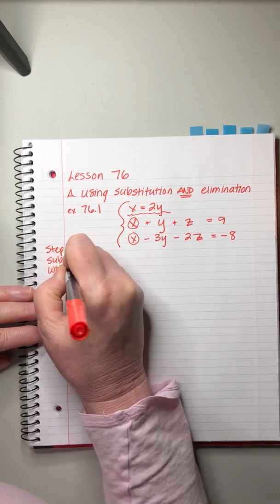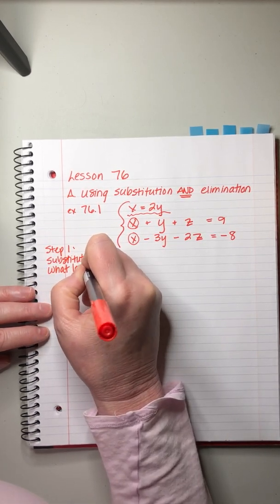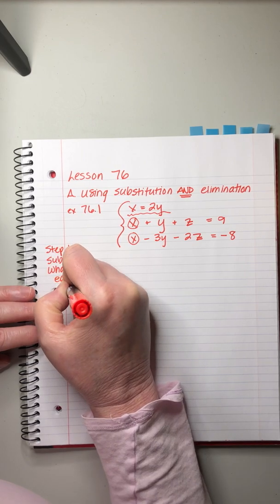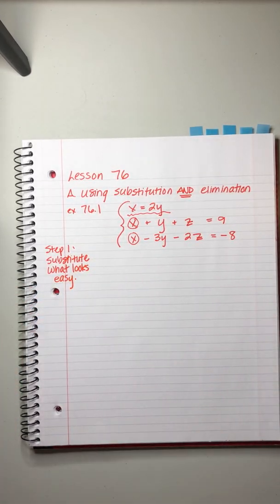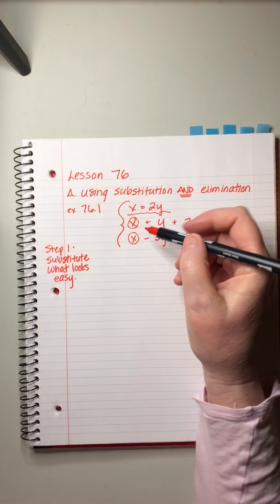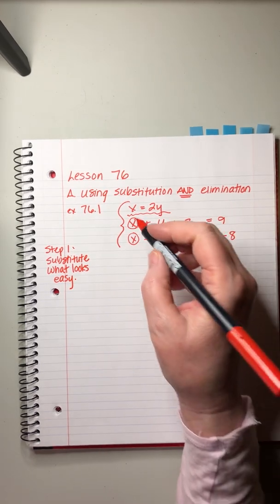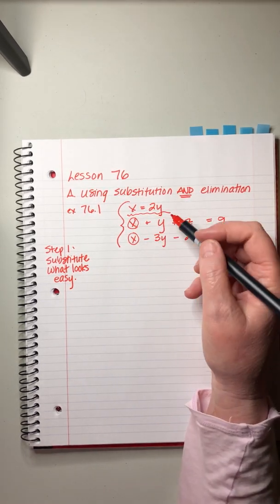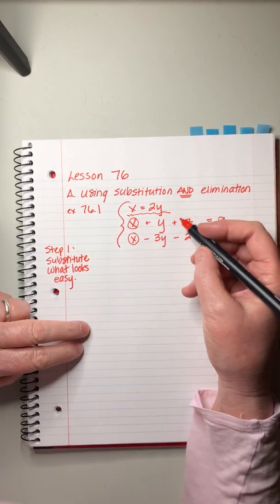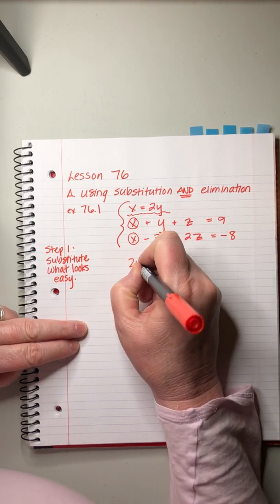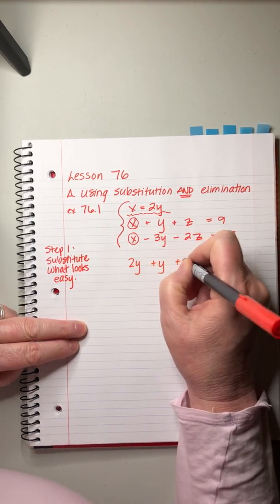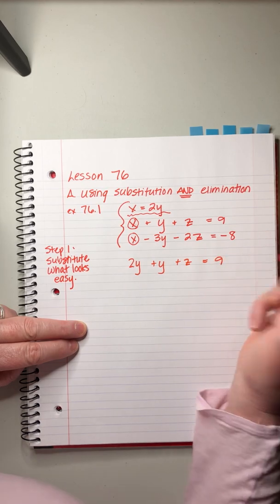I'm going to add to that, substitute what looks easy. That's the hint in these: go for what is going to be straightforward. So I love how little this is, and I just want to drop that in. And so I'm going to have 2y here. So in the first one, it's going to become 2y plus z equals 9.